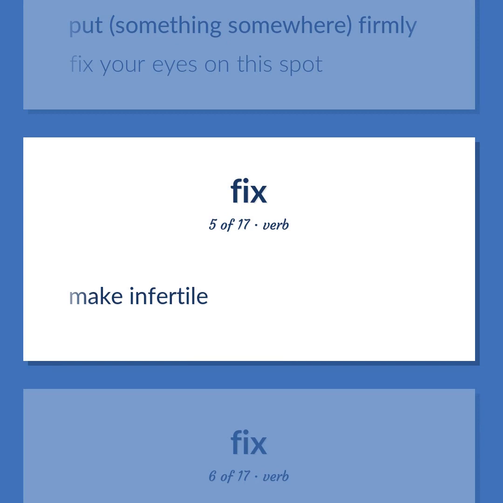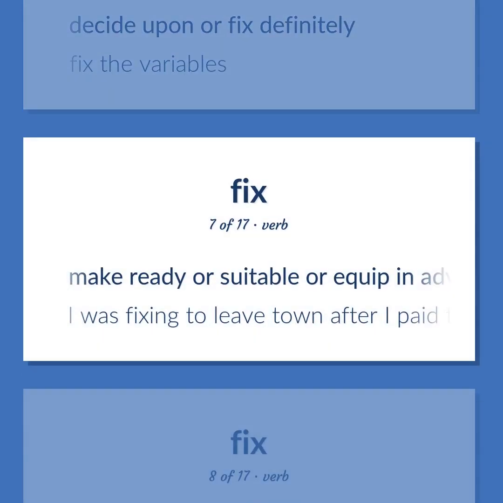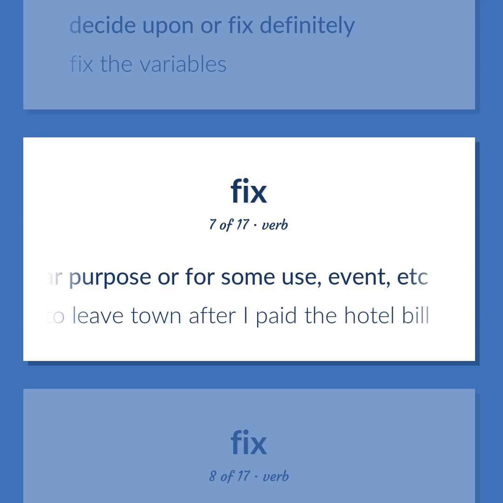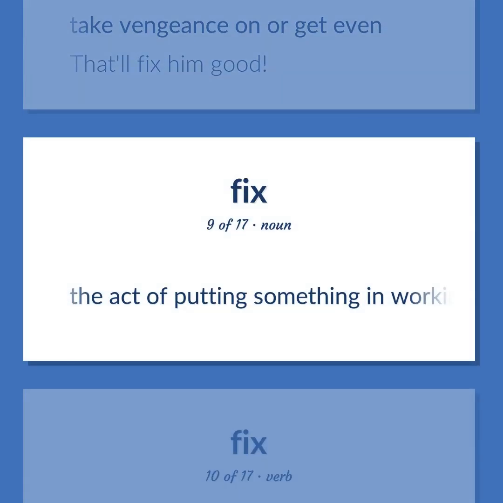Make infertile. Decide upon or fix definitely. Fix the variables. Make ready or suitable or equip in advance for a particular purpose or for some use, event, etc. I was fixing to leave town after I paid the hotel bill. Take vengeance on or get even. That'll fix him good. The act of putting something in working order again.